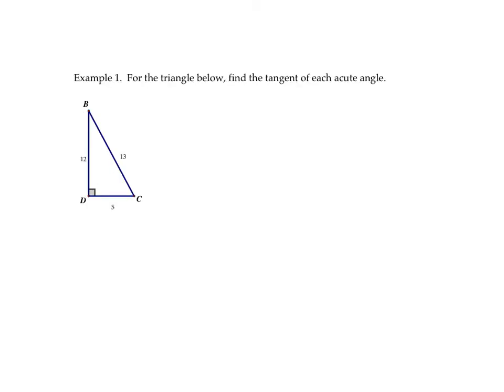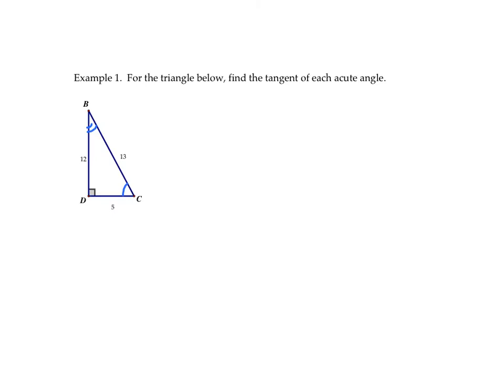So the first thing that we're going to do is just find the tangent of the acute angles in a triangle. So in example 1, we see this triangle BDC, and so we have angle B at the top and angle C in the lower right-hand corner. Those are the two acute angles. Remember that acute means that it has a measure less than 90 degrees.